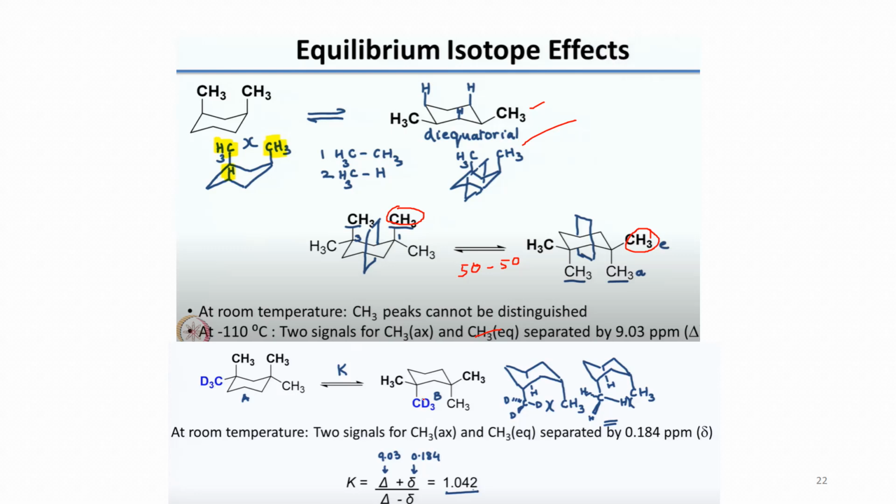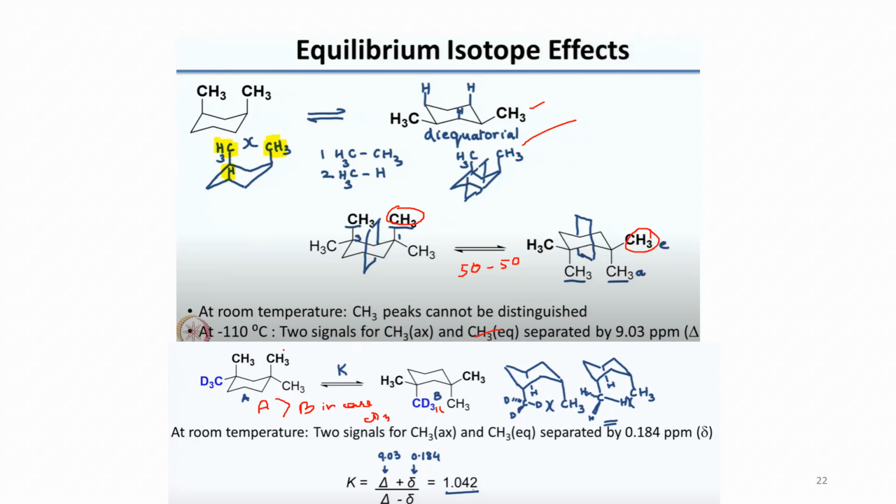Due to the shorter bond length of CD, it is less expanded in space, so it suffers less interaction with this CH3, which makes this structure more stable in the case of CD3. Therefore, it prefers to stay in this form.